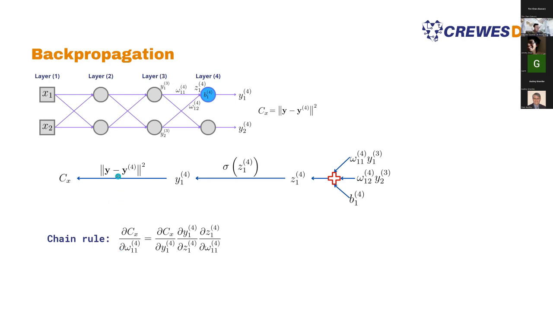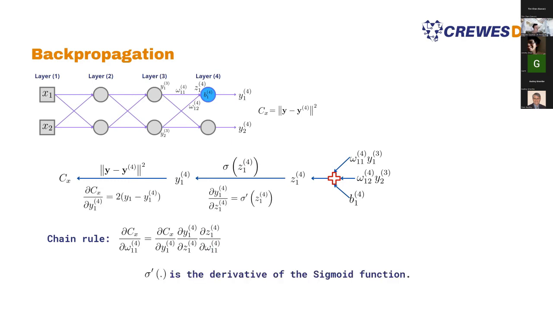By using the chain rule, it's going to be the derivative of the cost function relative to y1,4, and we have the equation that connects both. The derivative of y1,4 relative to z1,4, and we have the equation that connects them both with the sigmoid, and the derivative of z1,4 relative to the weight w11 in here.